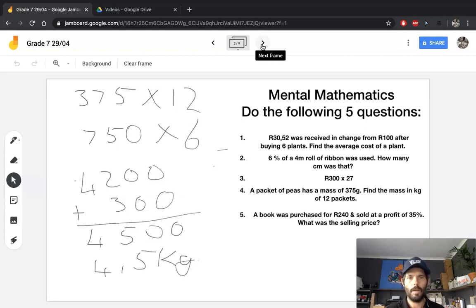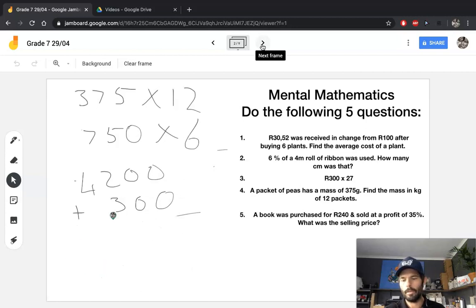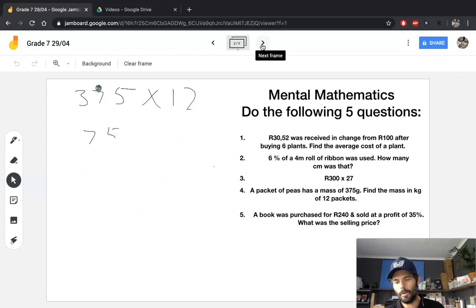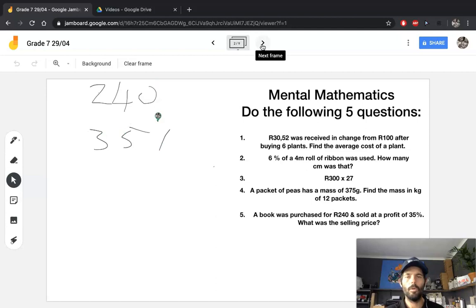Okay, and then question 5. A book was purchased for 240 Rand, and sold at a profit of 35%. How much was the book sold for? So the first thing I must do is work out how much that profit is. 35% of 240: I can say 10% equals 24.